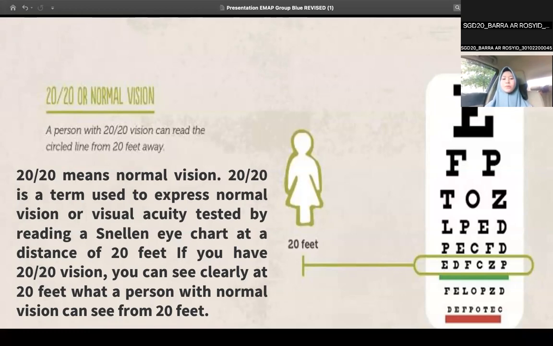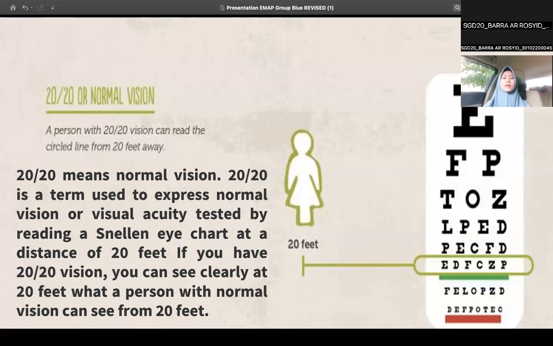Can your vision be better than 20/20? Yes. Having 20/20 vision means you have normal or average vision. Contrary to popular belief, this number is technical, not considered perfect vision. Some people, mostly children, have vision that's better than 20/20, like 20/15 vision or 20/10 vision.